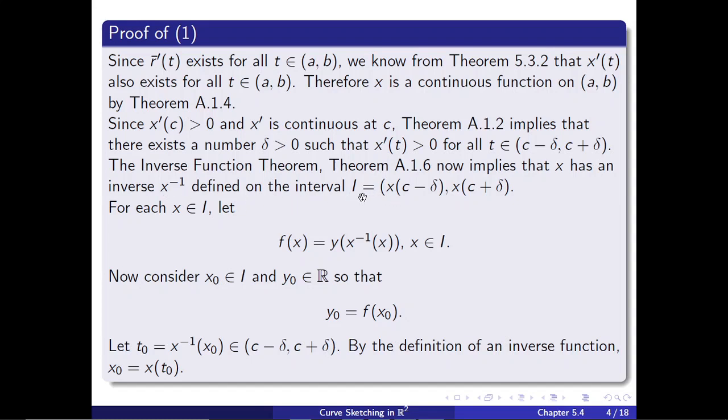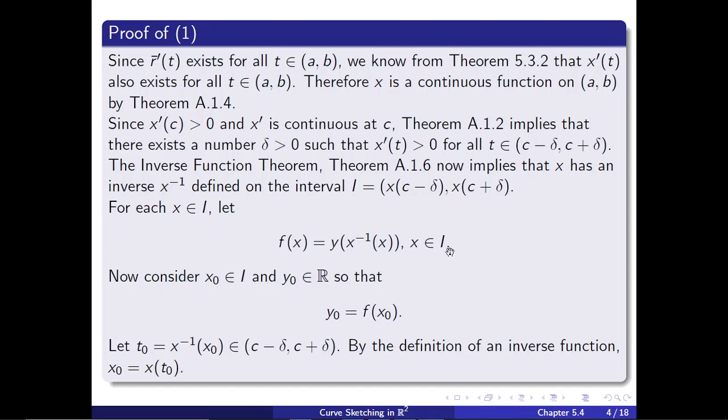defined on I, which is the image of c minus delta and c plus delta. So the interval comprises of, so the bounds will be the image of c minus delta and c plus delta, right? So for each x in this interval, f of x is equal to y of x inverse of x, right?